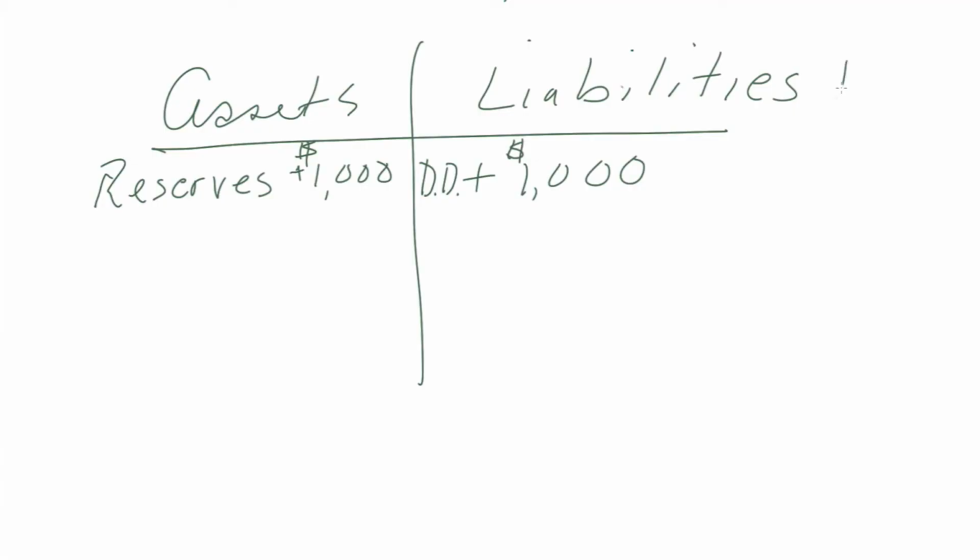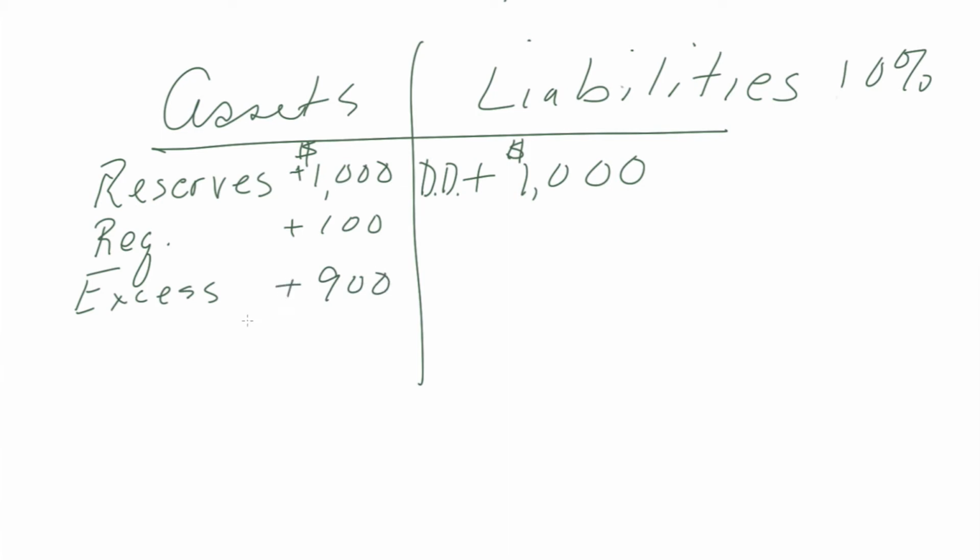Now let's assume that the Federal Reserve has established a 10% reserve requirement. Of the $1,000 reserves, required reserves will go up by 100, and the excess reserves will increase by 900.